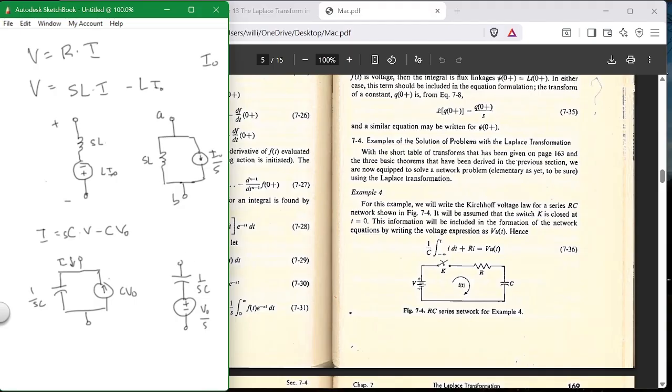Replace it with 1 over SC plus V0 over S. So when you see this device, instead of R, you replace it with 1 over SC, and then plus V0 over S, if there is a V0. Does that make sense?